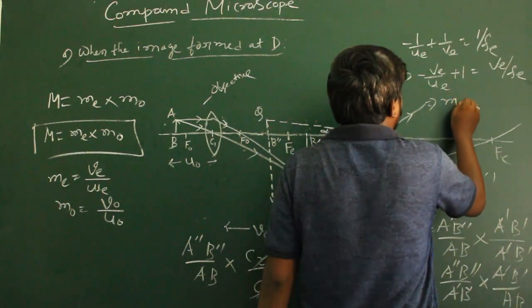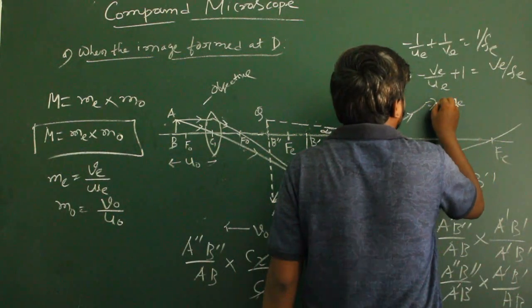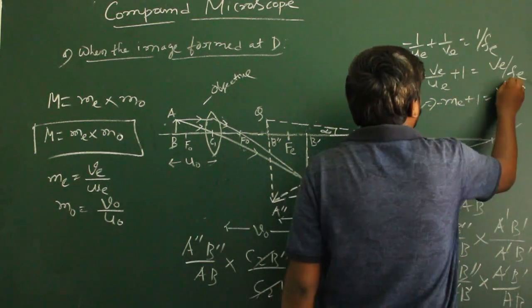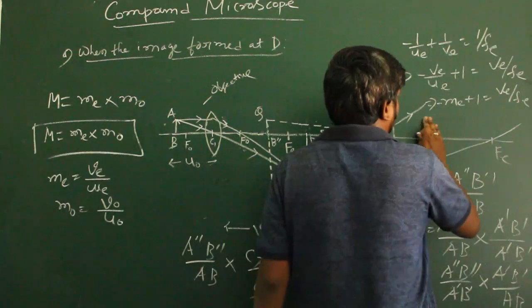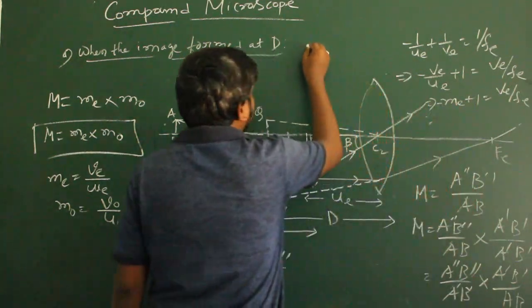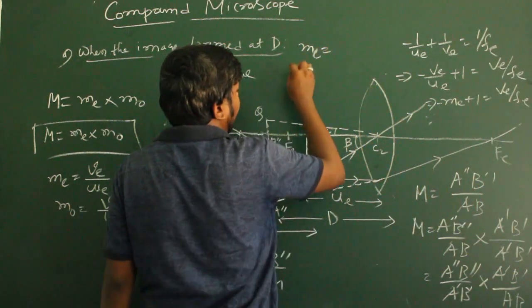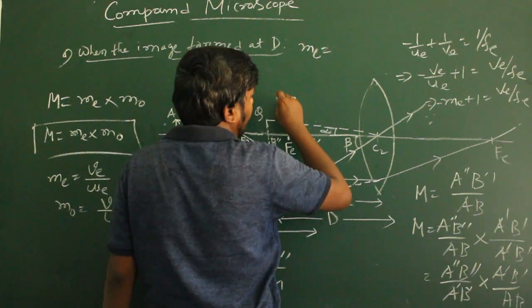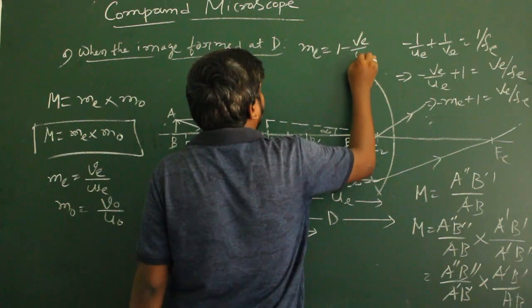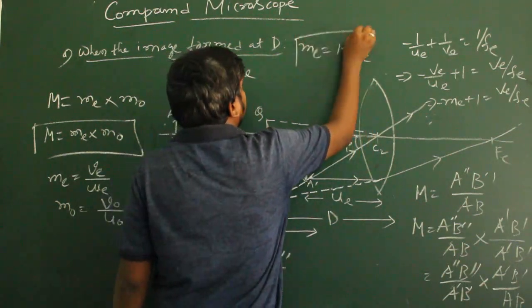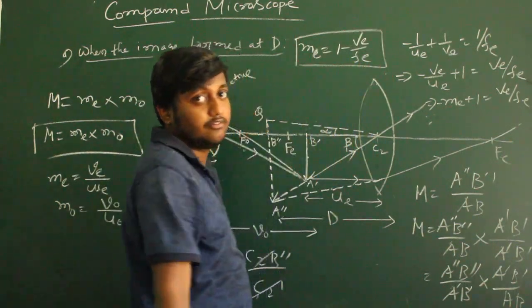It is ME. So minus ME plus 1 equals VE by FE. From this equation, ME equals 1 minus VE by FE.